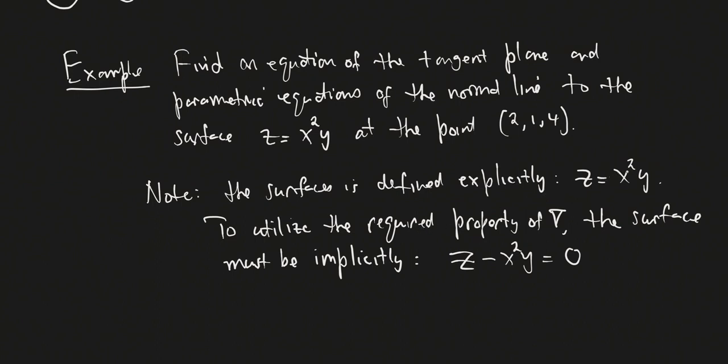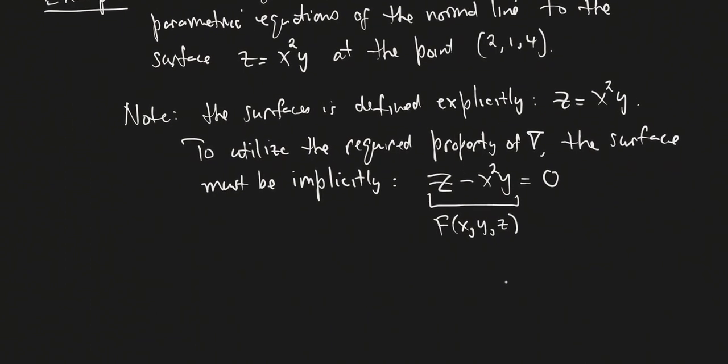Because it's a lot easier algebraically just to move everything to one side, or somehow organize all your variables on one side of the equation, call that expression your big F, and then just find the gradient and evaluate it at the point. That will give you the n. And then once you have the normal vector, then we can write down the equation of the plane and the equation of the normal line. So I am not going to even think about deriving any other set of formulas.